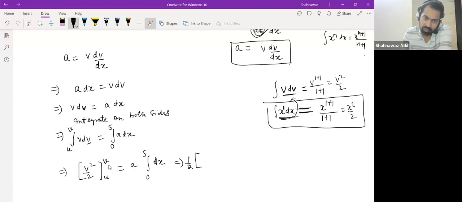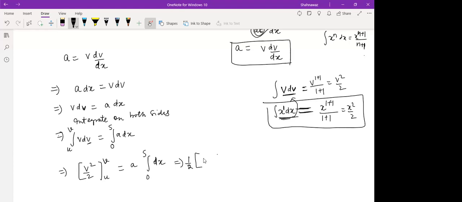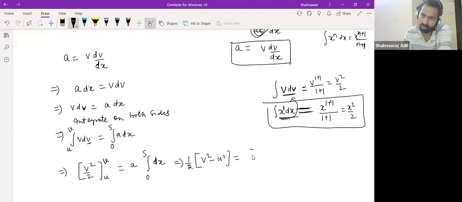First I have to put v and then u. So what would be here? So v square minus u square. Yes. This is the integration of x from 0 to s. So this is v square minus u square divided by 2.